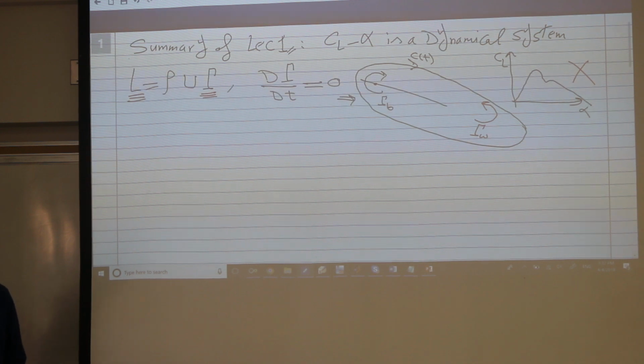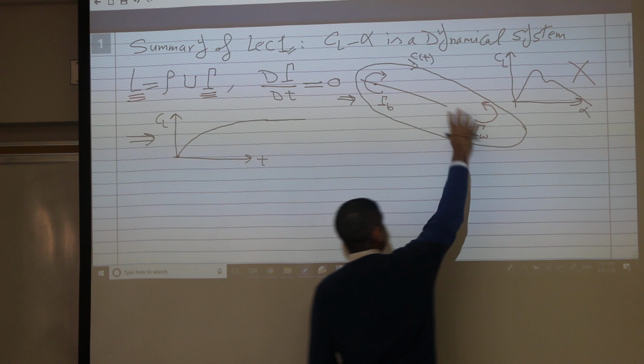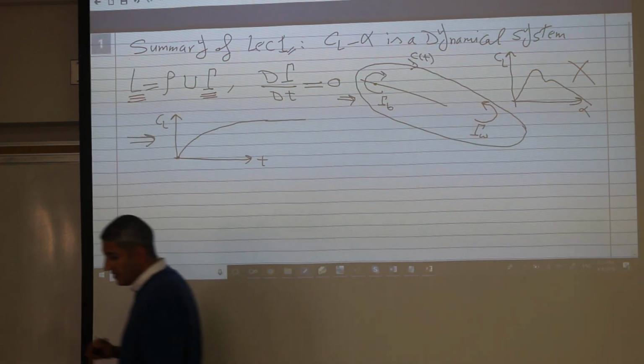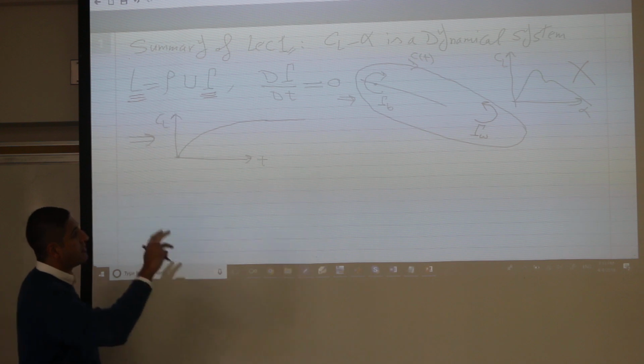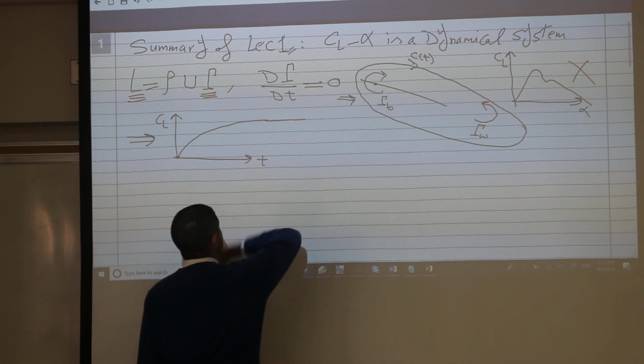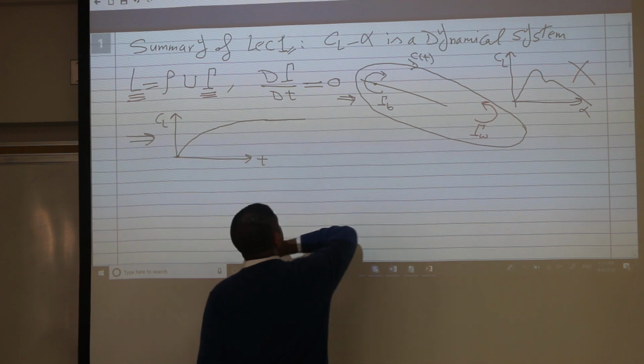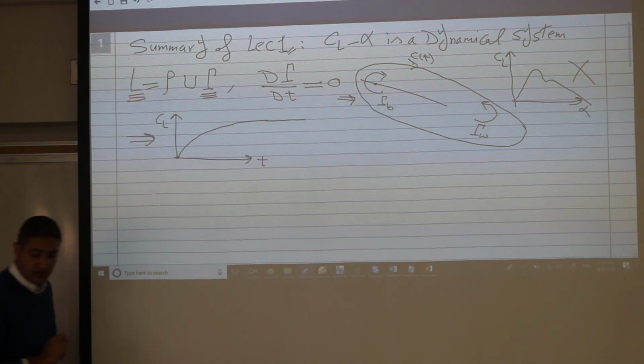So this in turn implies that the lift has to be time varying. The lift as a function of time will increase until it meets the steady value after some time, as this guy sheds away. Okay? When the wake, or what we call the starting vortex, sheds all the way, the airfoil will be only affected by the bound circulation, and your lift reaches its steady state value.